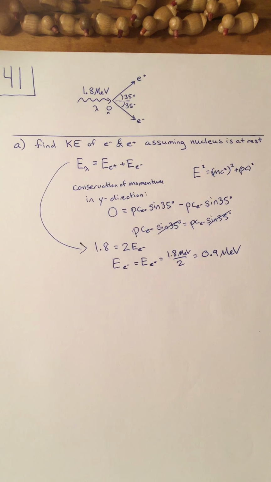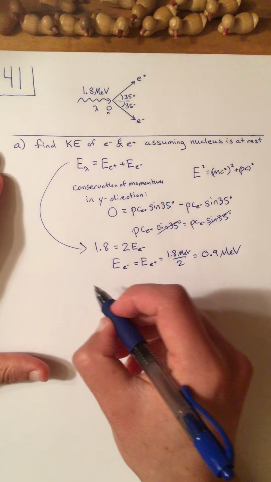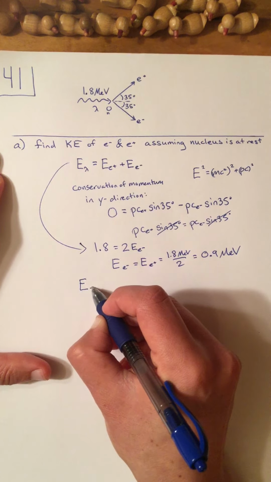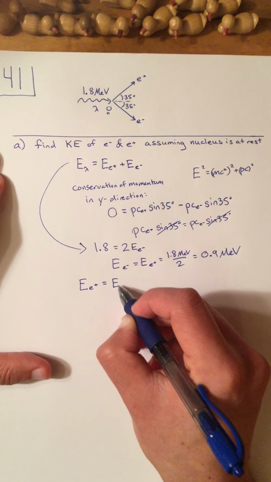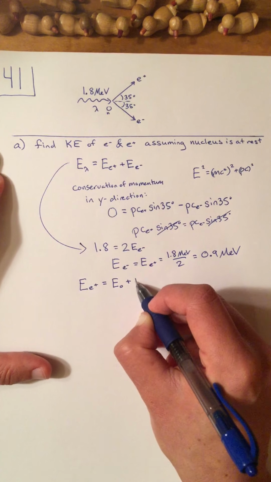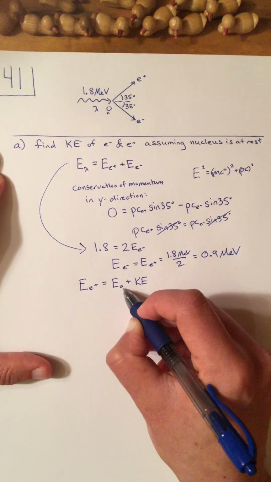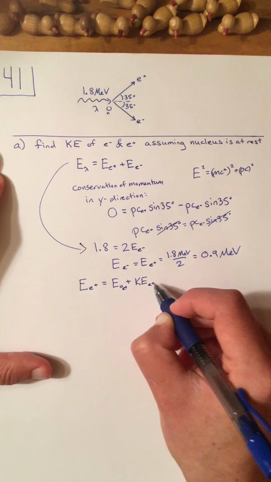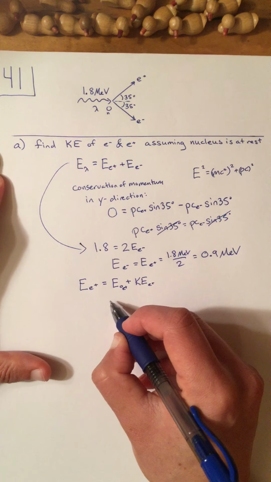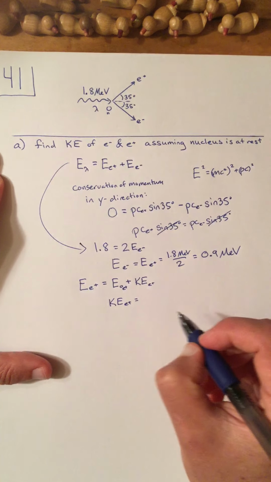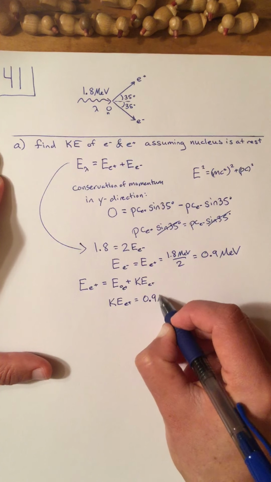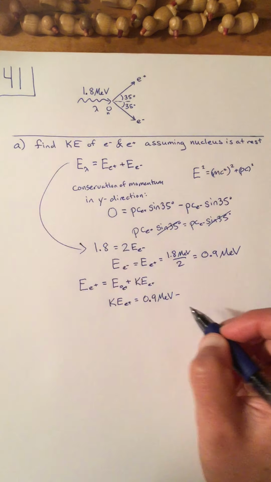We're supposed to find the kinetic energy, but since I now have the total energy, and I know the total energy is equal to the rest energy plus the kinetic energy, I have kinetic energy is equal to total energy of 0.9 mega electron volts minus the rest energy.